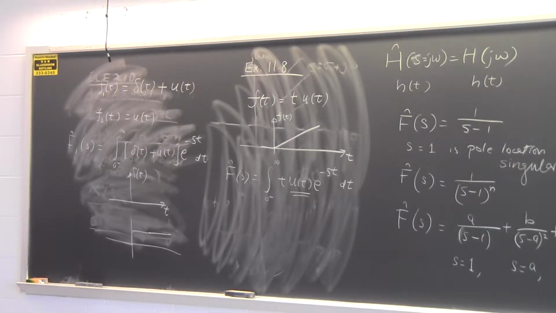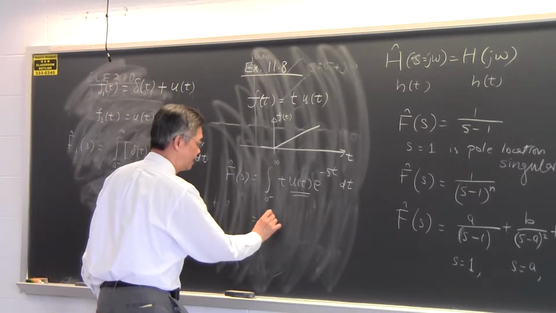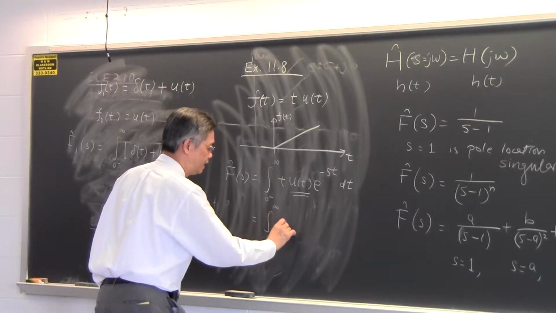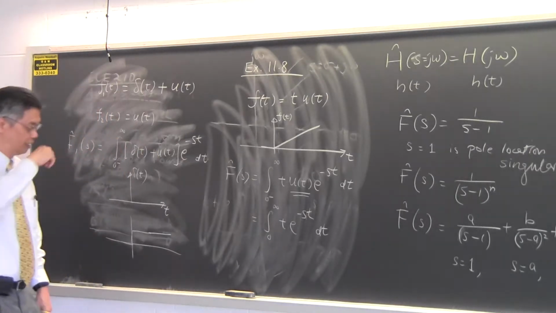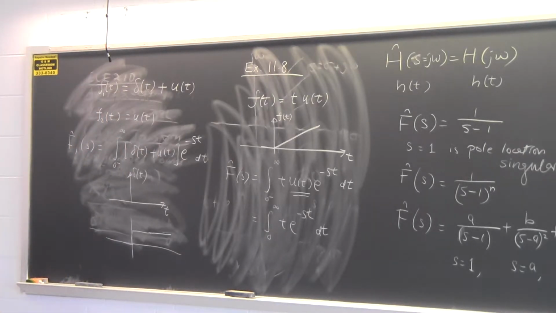Mathematicians say that the very beginning part has 0 measure in terms of contributing to the integral. So it doesn't matter whether you start at 0 or 0 minus for this particular integral. And so you can replace this integration with that, and we know how to integrate this.